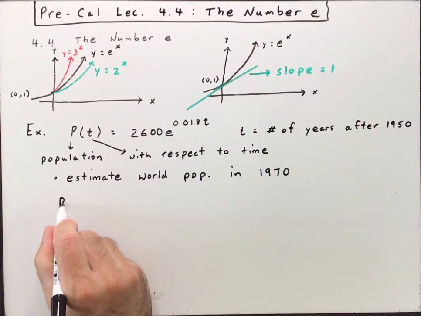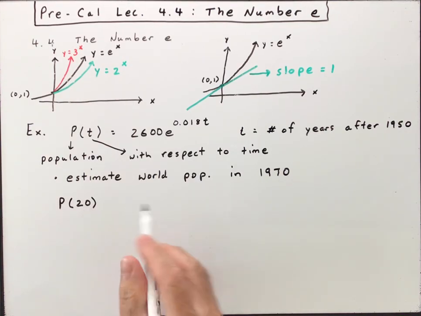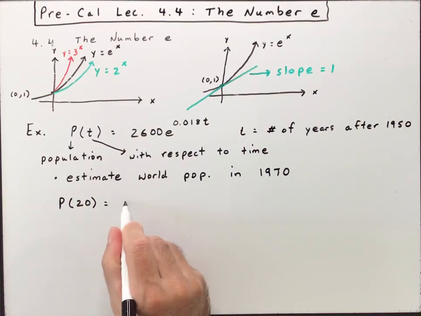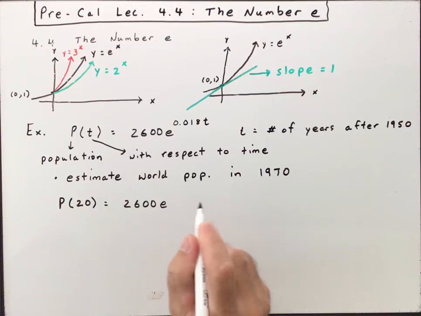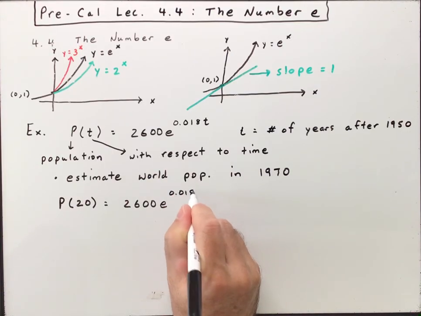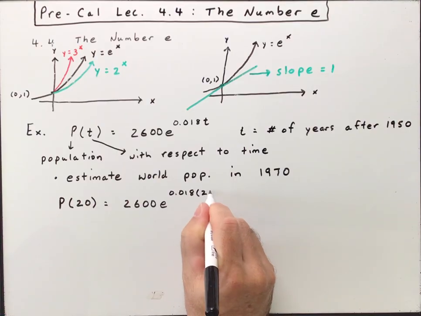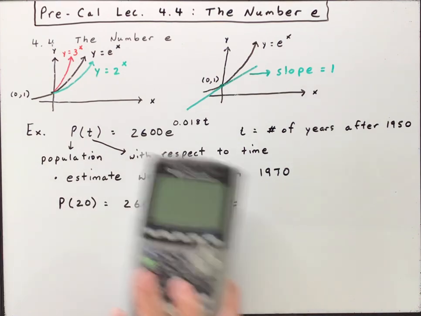So that means P of 20. t is equal to 20. So that's going to be 2600 times e to the 0.018 times 20. So let's put this in our calculator and we'll get an estimate of world population in 1970.